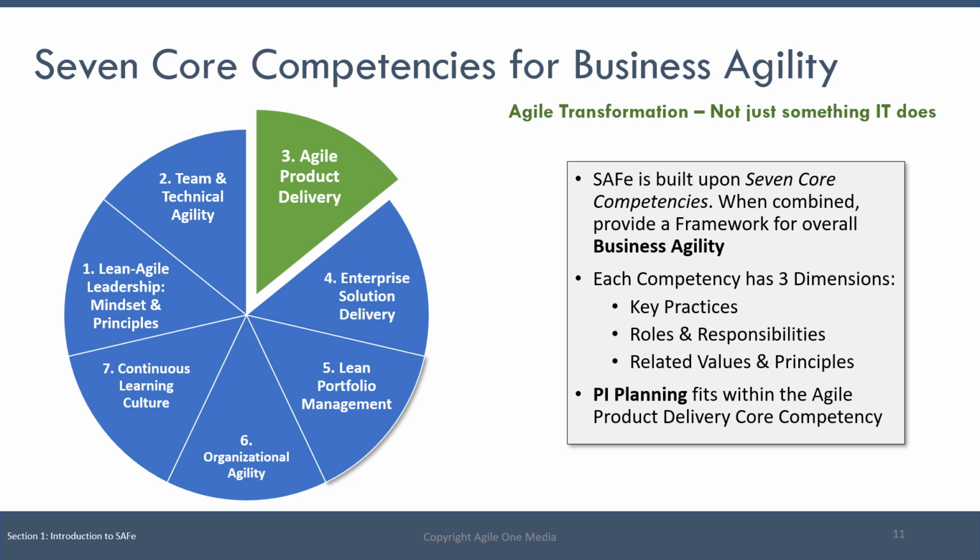Agile product delivery is where PI planning fits and defines a delivery model using teams of teams known as ARTs or Agile release trains to plan and deliver solutions within time-box planning increments or PIs. PIs and all of their supporting events run on cadence.